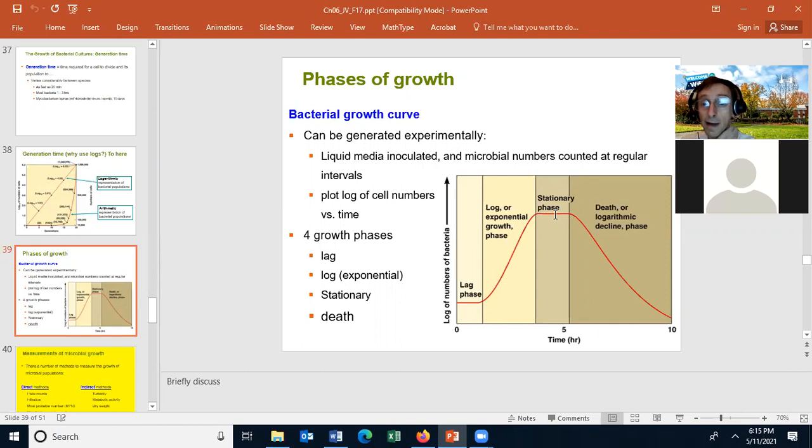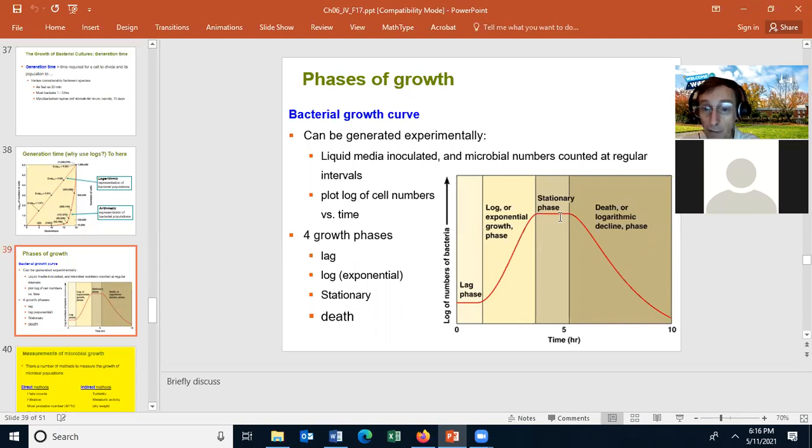The unlucky cells will not be in such a lucky environment, and there will be too much waste around them, not enough nutrients around them, and not enough space around them, and they will die. Those are the unlucky cells. In the stationary phase, the number of cells reproducing equals the number of cells dying, but that will not continue.